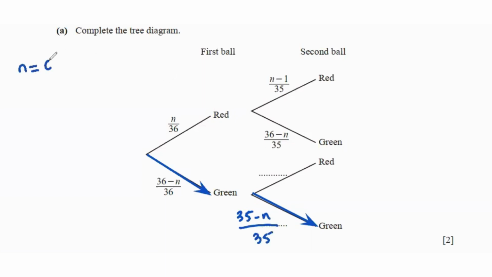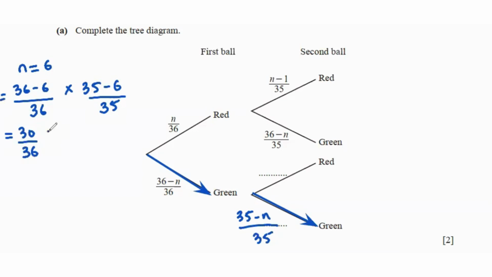Since n is 6, this would be 36 minus 6 over 36 times 35 minus 6 over 35, which is the same as what we did, 30 over 36 times 29 over 35. That would give you the same 29 over 42.